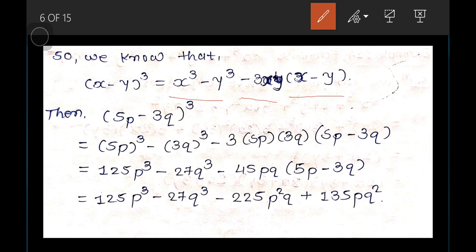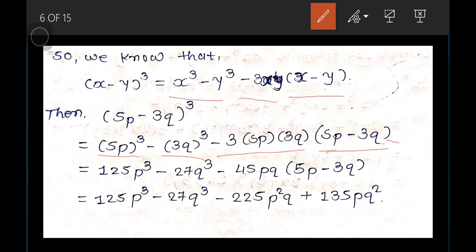Let me put the values of x and y in the brackets. So we get (5p - 3q) whole cube is equal to (5p) cube - (3q) cube - 3 into 5p into 3q into (5p - 3q).